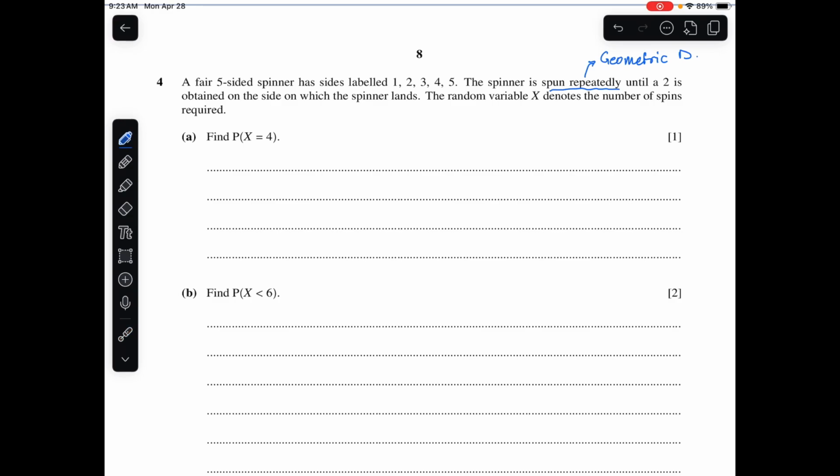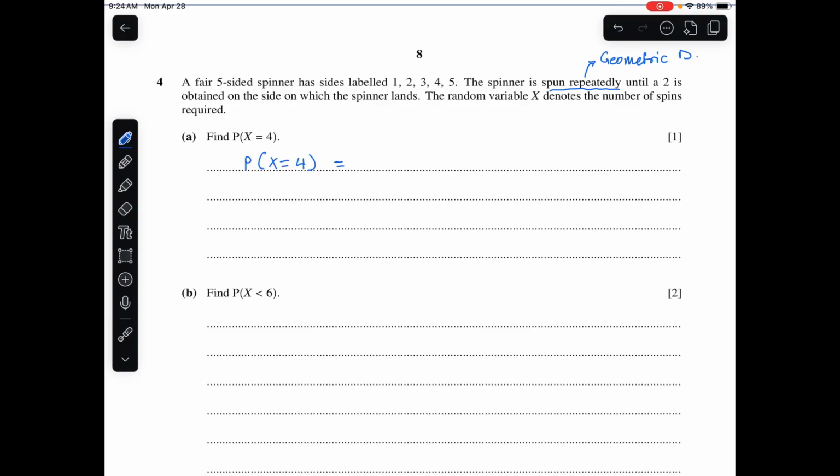So probability of X equal to 4. So that means that the spinner lands on 4 on the fourth spin. We're going to use the formula for the geometric distribution. It is going to be equal to, we know that there is only one 4.